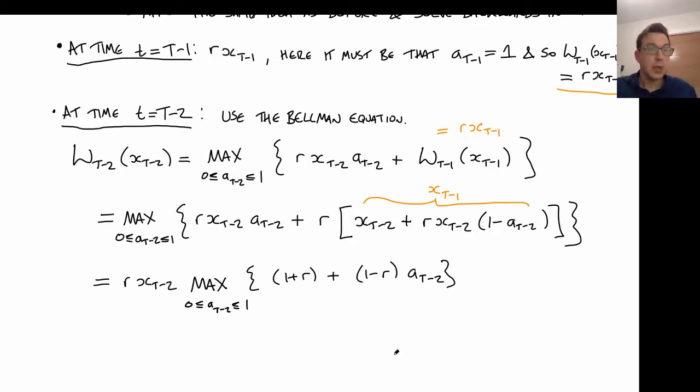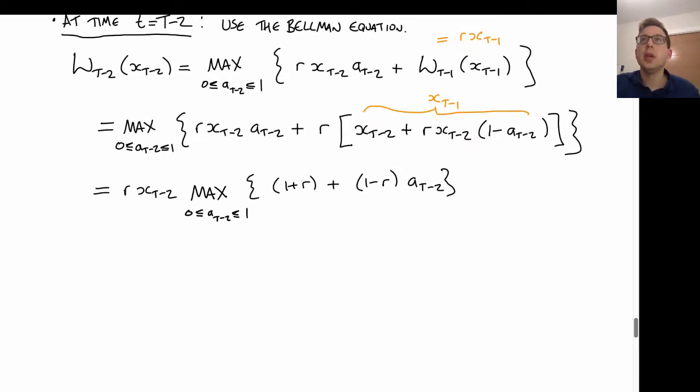Notice this is actually a really easy optimization problem to solve. In particular, this is just a line. It starts at height 1 plus r and has slope 1 minus r.